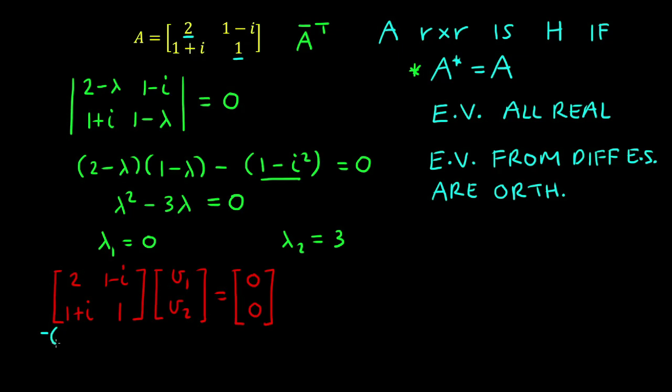So if you subtract 1 plus i over 2 multiplied by row 1 from row 2, and do the algebra, you'll get zeros in row 2, and therefore you have the equation 2 v1 plus 1 minus i times v2 is equal to 0.